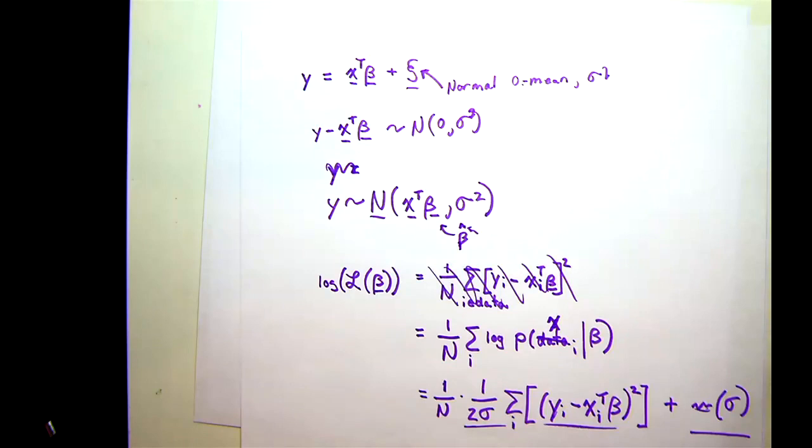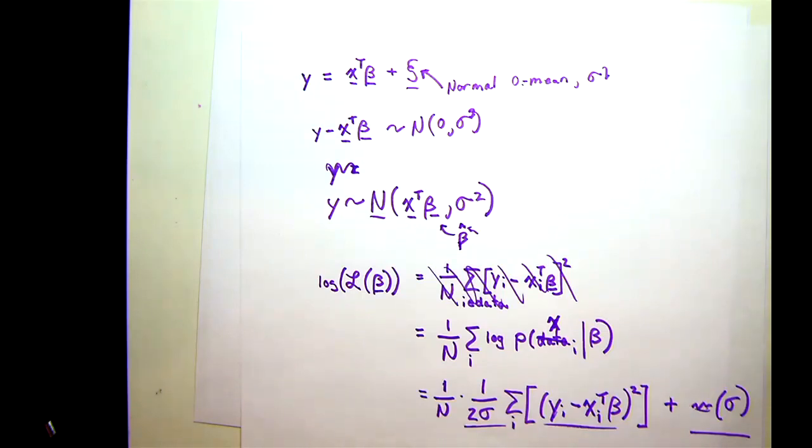Remember, a normal distribution is 1 over 2 sigma times the exponential of minus 1/2 over the square. You take that log, the exponential goes away, and stuff gets rearranged, and you come up with this formulation. So that we already just pushed through the log.